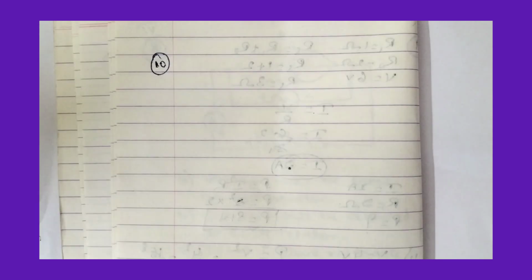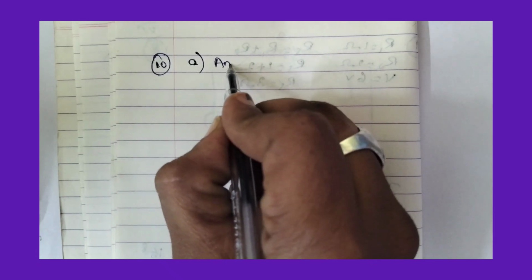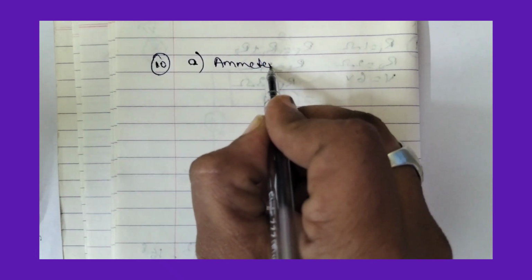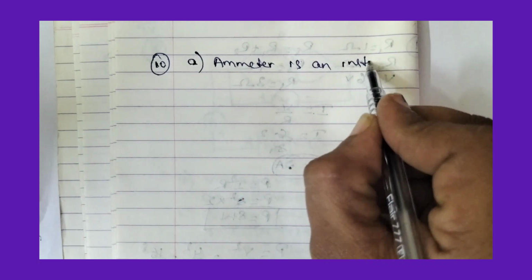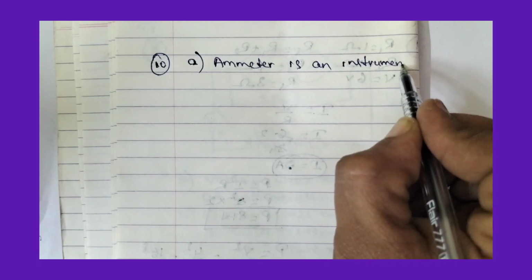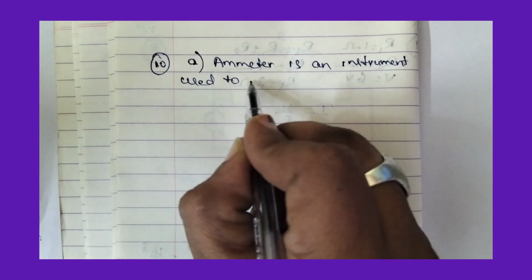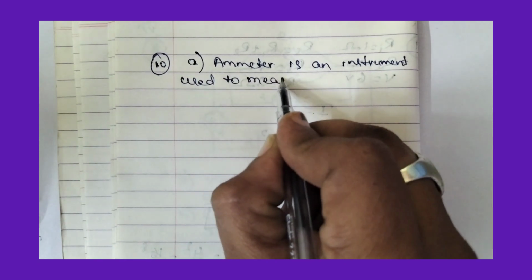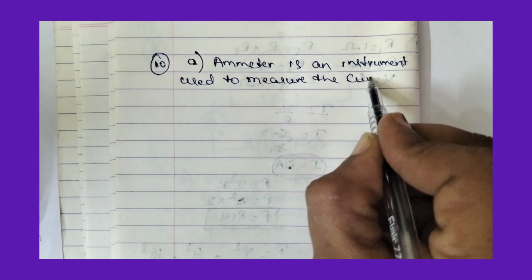So let us write what is an ammeter. An ammeter is an instrument used to measure the current.